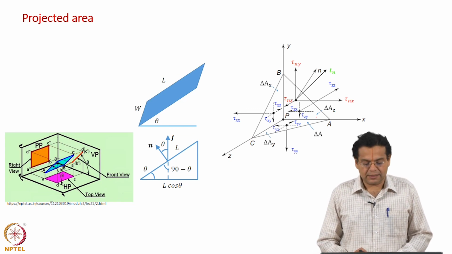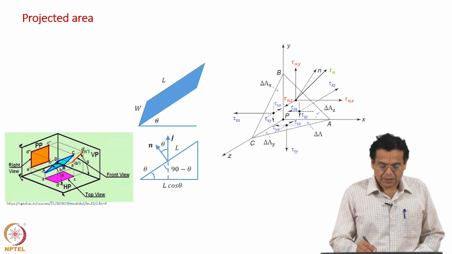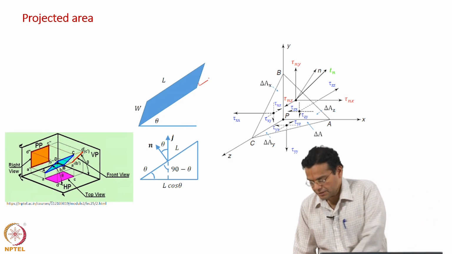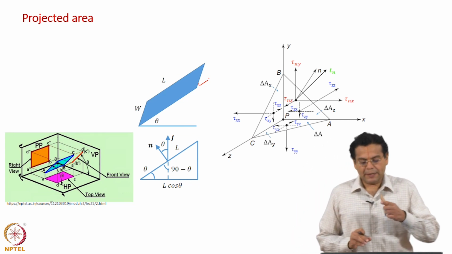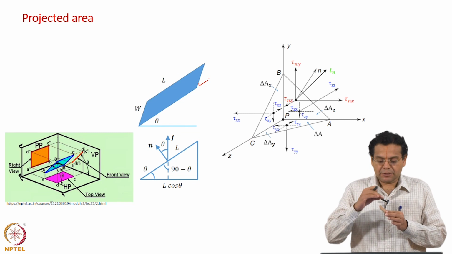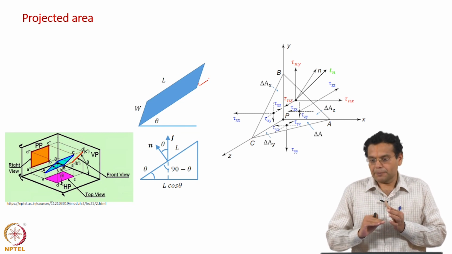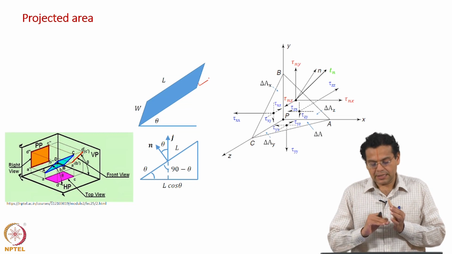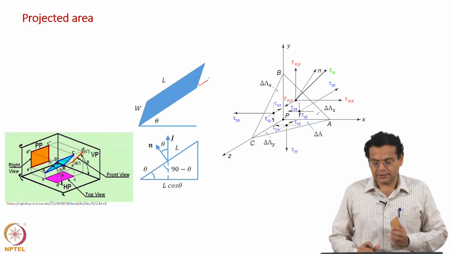Now we will have to relate this. Okay. To relate that is what I have shown here. I have a plane which is shown this way, and then you are going to look at the area of this projected plane on this arbitrary plane, and this plane for our case is the y plane, because its normal is y axis. Okay.